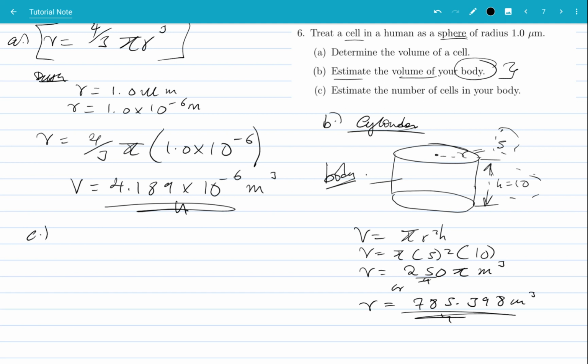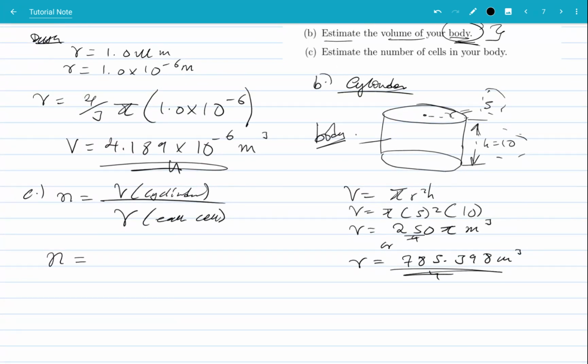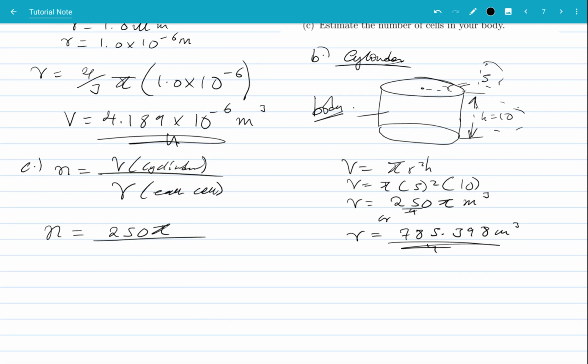You can see they're saying estimate the number of cells in your body. Alright, so to estimate, since it's my body and I pick my body to be a cylinder, it will be the volume of the cylinder divided by the volume of each cell. So the number of cells is equal to the volume of the cylinder, which is 250 pi, over the volume of each cell, and we found it to be this, isn't it? It was 4.189 times 10 to the minus 6.